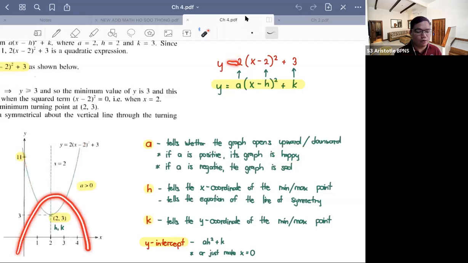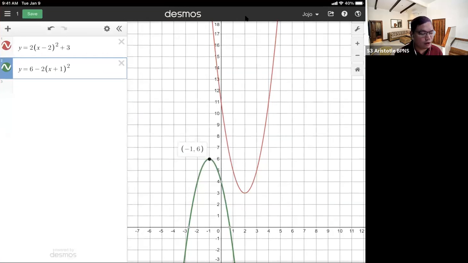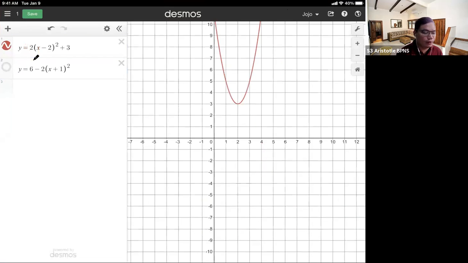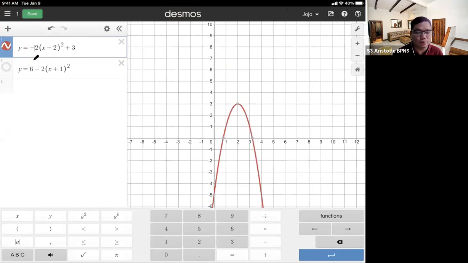Alright, so let's go to Desmos to see how it works. Okay, so look here. So this is the graph, right? So this is the graph for my first example. Okay, so notice here, class, that 2 is positive, right? If I turn that into negative 2, look what will happen with the graph. Okay, so if that's negative 2, see what happened? It went the other way.